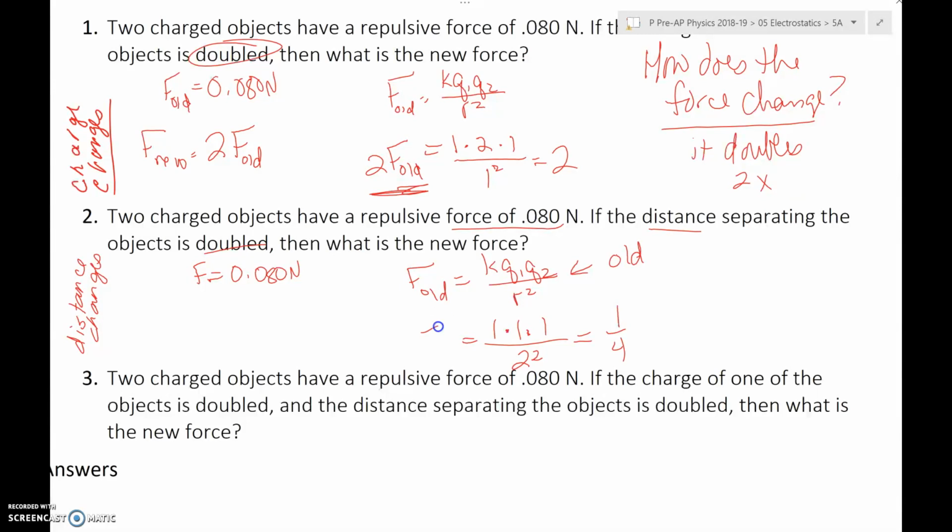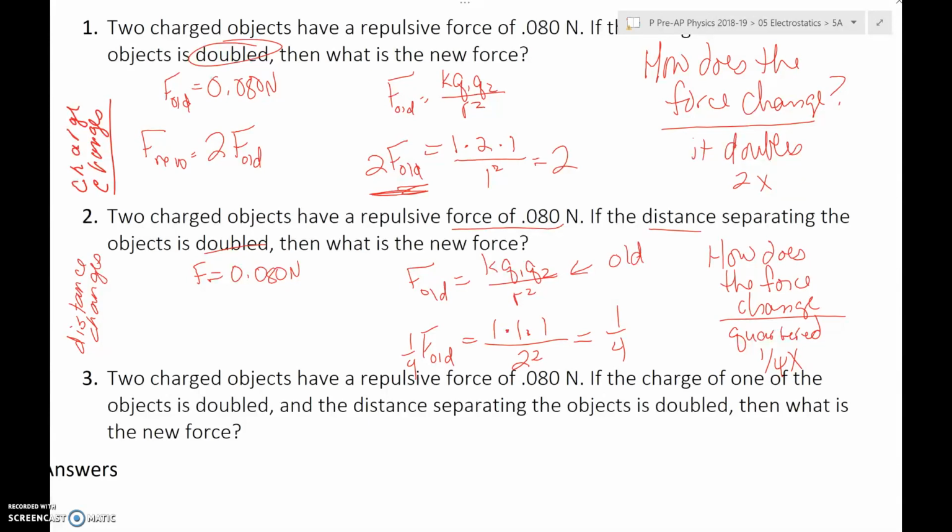So if that's 1/4, what has to happen to the other side to make it an equal statement? Multiply it by 1/4. So the other question on this is, how does the force change? You could say it's quartered. You could say 1/4 times. It's multiplied by a factor of a quarter.